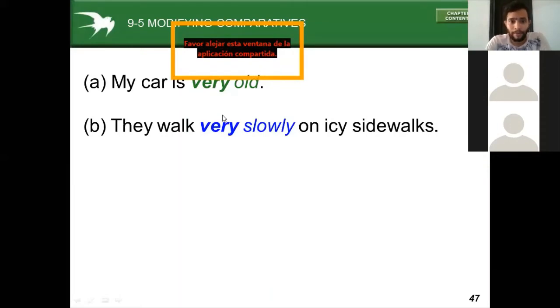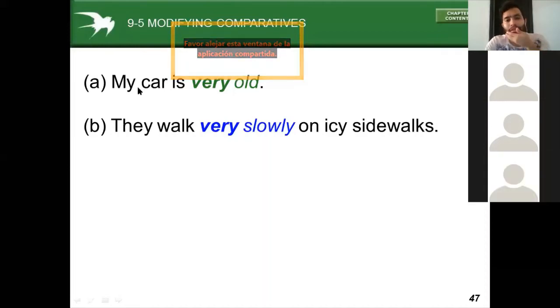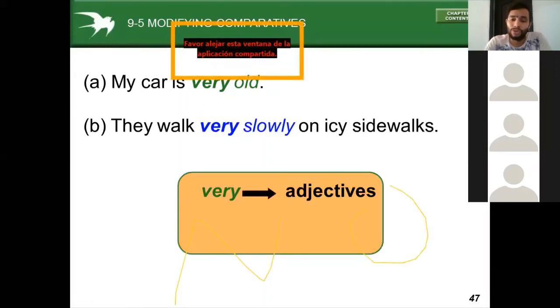Good. But are they comparisons? Are they comparative sentences? Can you see any comparison here? No. There's actually no comparison, which means that when you use very, we don't use it with comparisons.